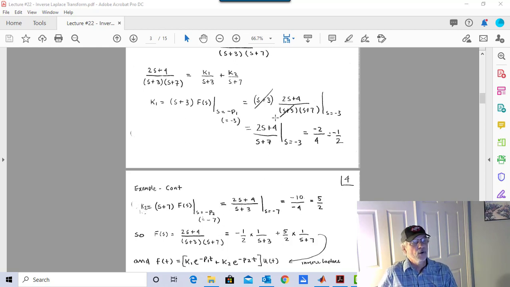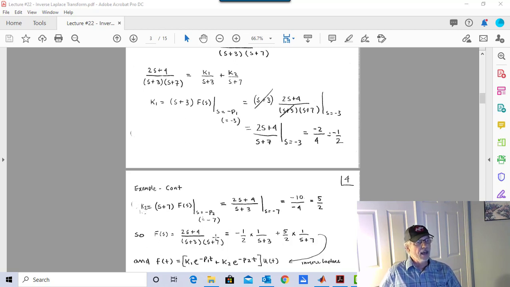And so when we do that, we're left with our 2s plus 4 on the top, but now our s plus 7 cancels out, and we're left with just the s plus 3 on the bottom. So now what we'll do is substitute in s equals minus 7. We get 2 times negative 7 is negative 14 plus 4 gives us minus 10. And negative 7 plus 3 gives us negative 4. And we get K2 equals 5/2.